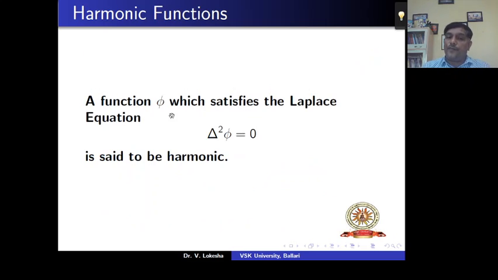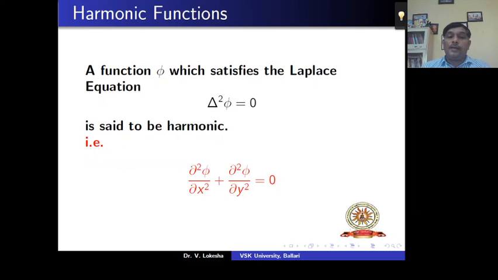A function phi which satisfies the Laplace equation, that is del square phi is equal to 0, is said to be harmonic. If phi is in terms of the Cartesian coordinate system, then dou square phi by dou x square plus dou square phi by dou y square is equal to 0.